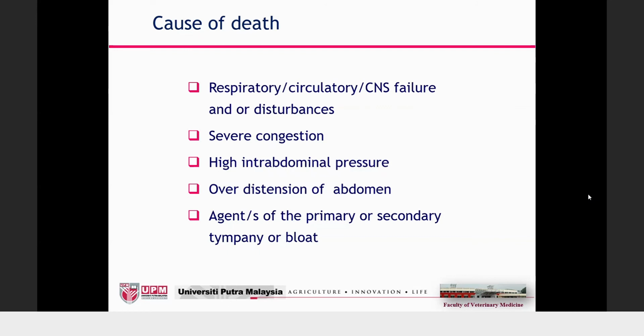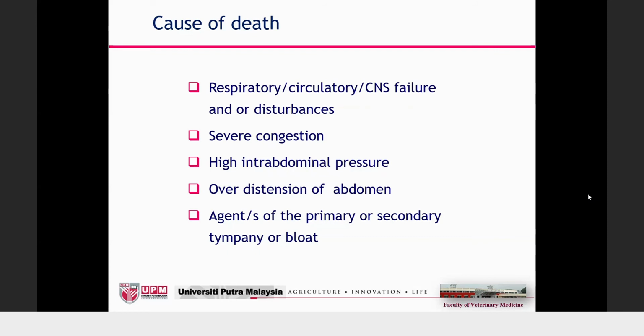So when you talk about cause of death, you actually reverse the process of pathogenesis or the definition of disease just now. Pathogenesis starts from the agent going into the host, causing a lesion.